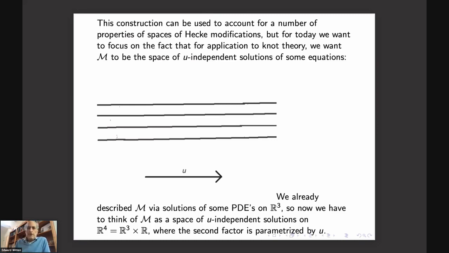If you take a generic PDE in D dimensions, good luck in regarding its solutions as the U-independent solutions of some elliptic PDEs in D plus 1 dimensions. That's only going to work on a very good day. I hope what I'm saying is clear enough, that that last statement is clear.